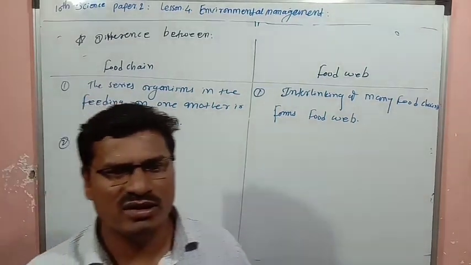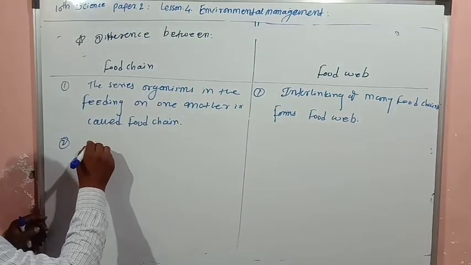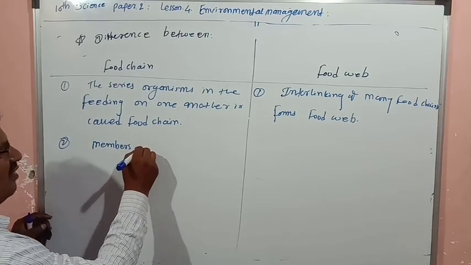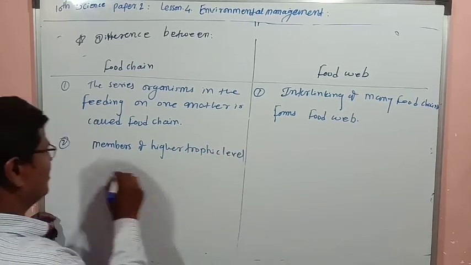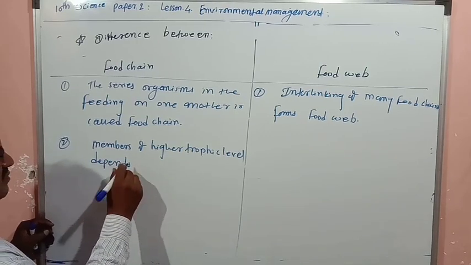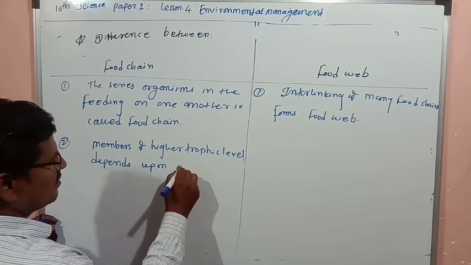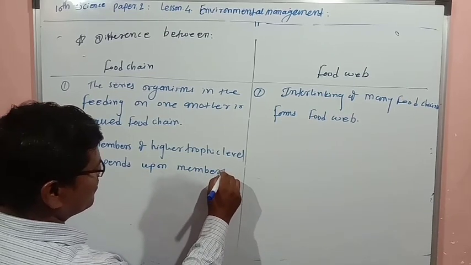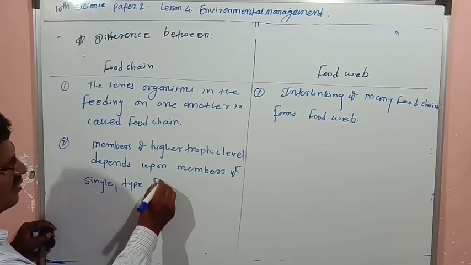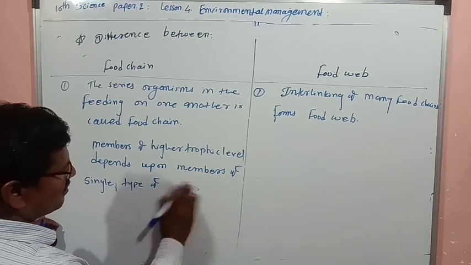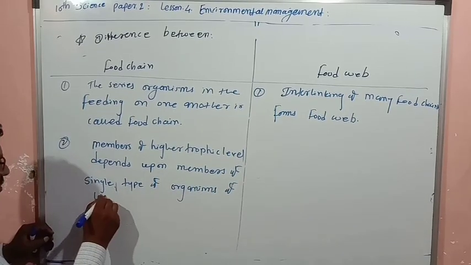Second point: in the food chain, members of the higher trophic level depend upon a single type of organisms of the lower trophic level.